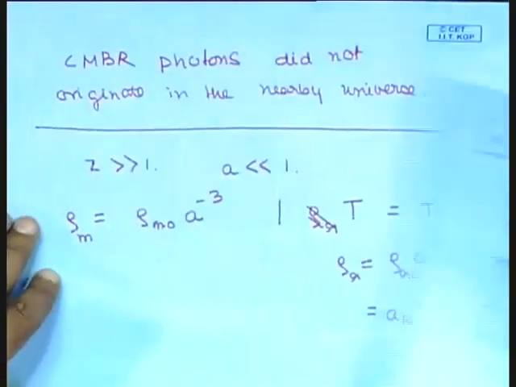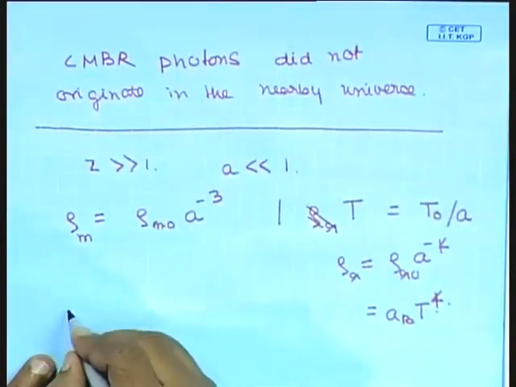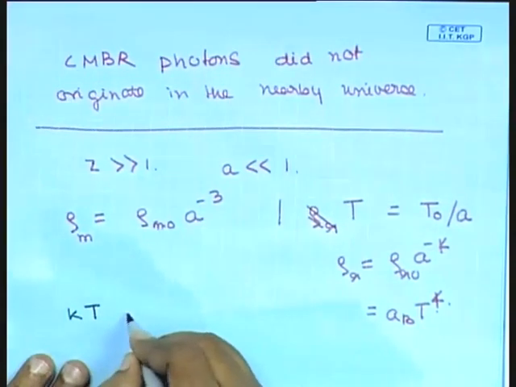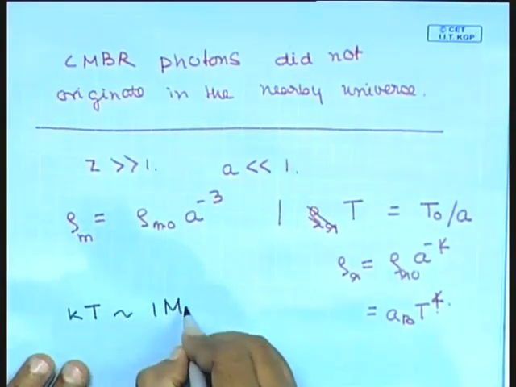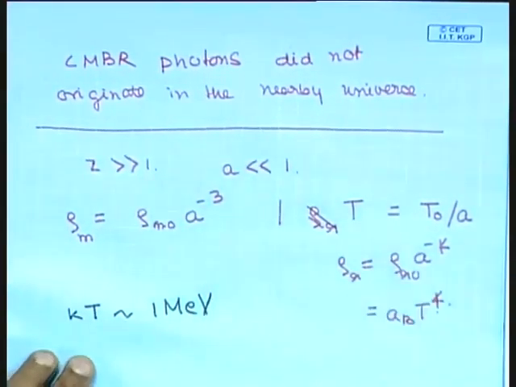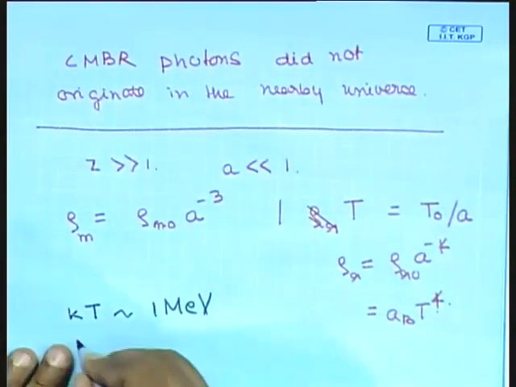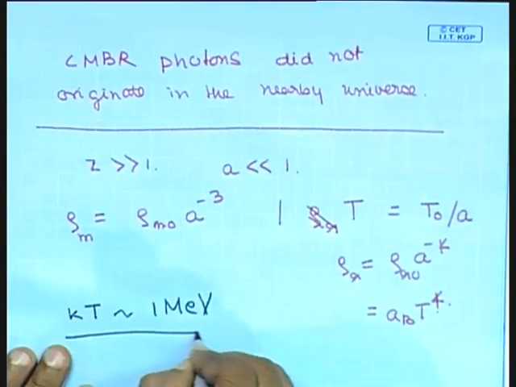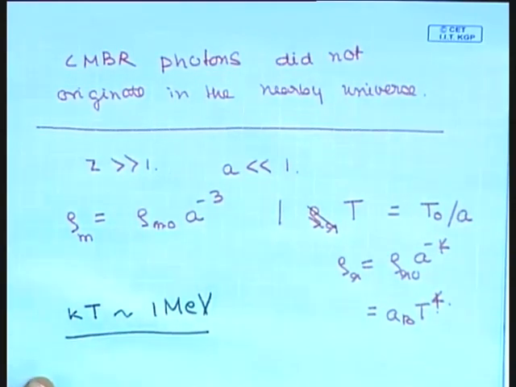Further, if you go back sufficiently into the past, the temperature will at some stage be of the order of 1 MeV. I have told you that the temperature increases as the inverse of the scale factor. This is comparable to nuclear binding energy.